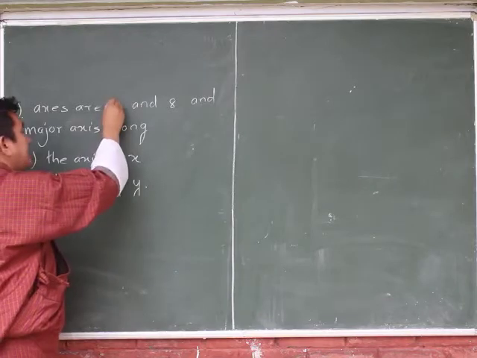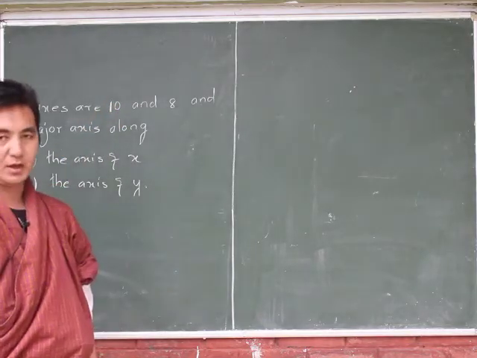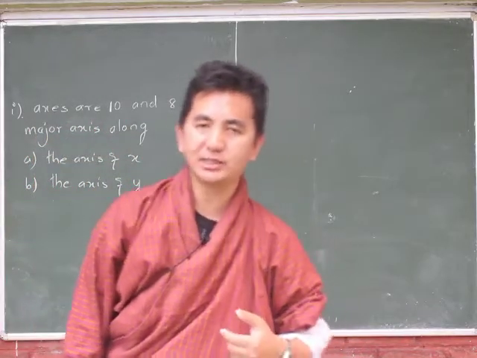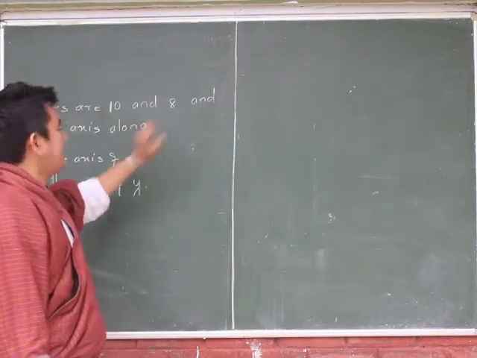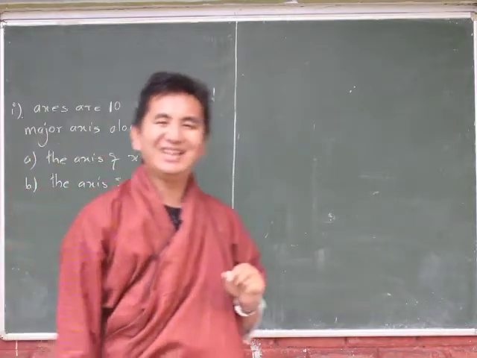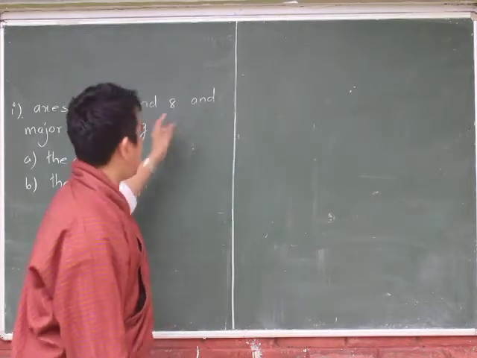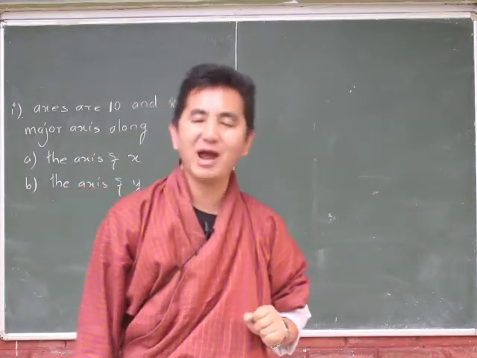Axes means major axis and minor axis. So one is given 10 and one is given 8. So definitely that 10 becomes the major axis and this 8 becomes the minor axis.